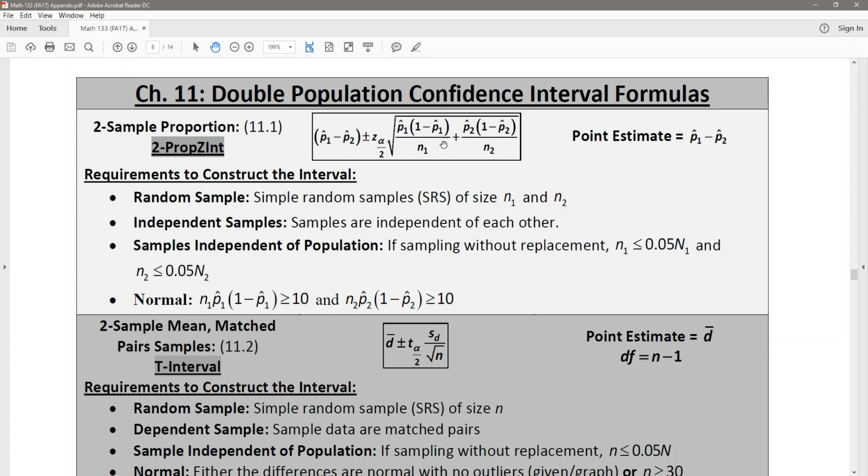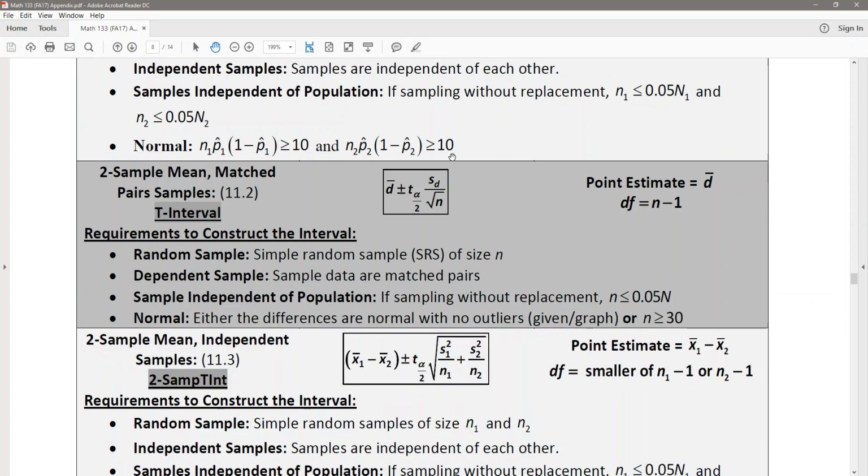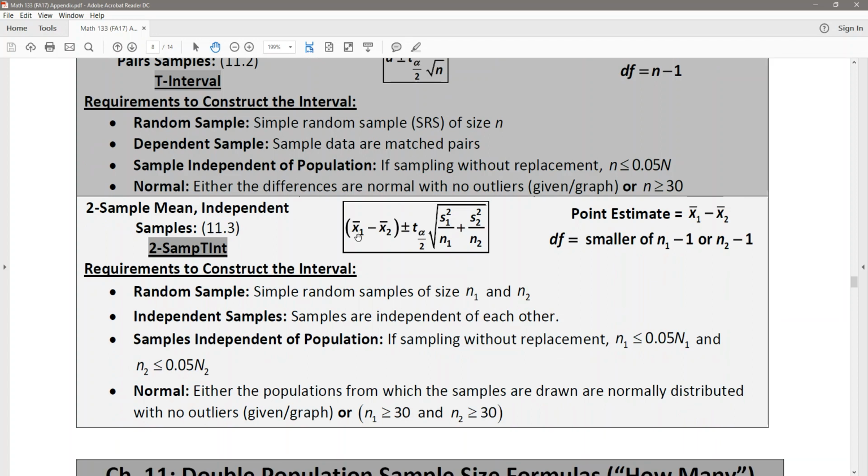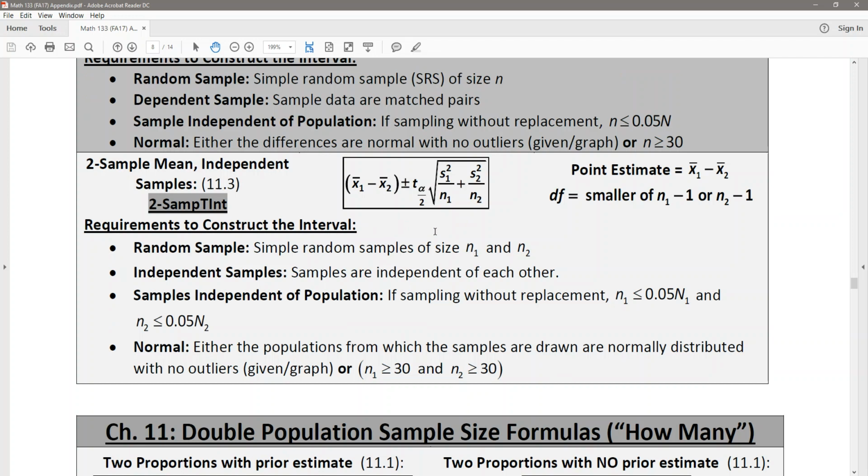We're not going to do this formula by hand. And we're particularly not going to do 11.3's formula by hand, even though the formula is a little bit easier. The problem is that your degrees of freedom is absolutely horrendous. It's a huge formula. This textbook gets around that by using the smaller of n1 minus 1 or n2 minus 1. That's not perfectly accurate. So we're just going to use the calculator to come up with those.